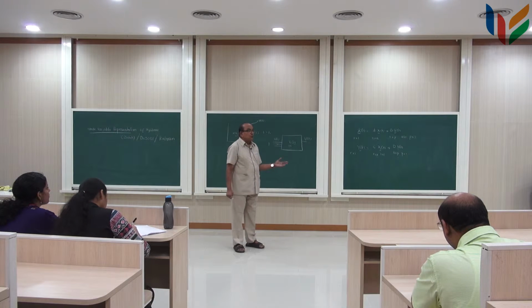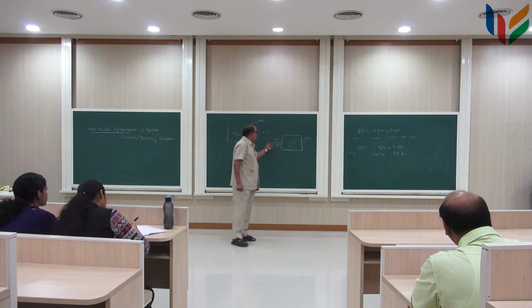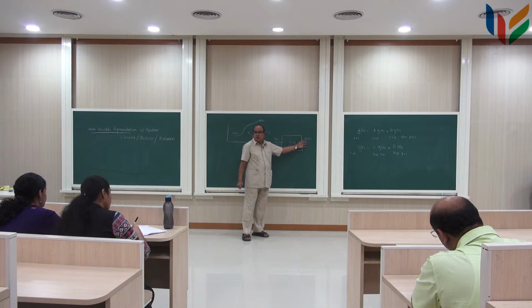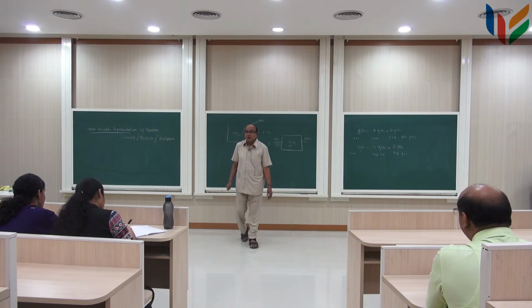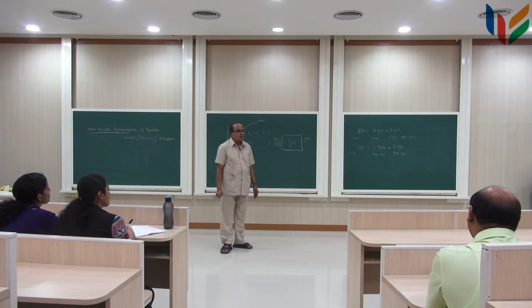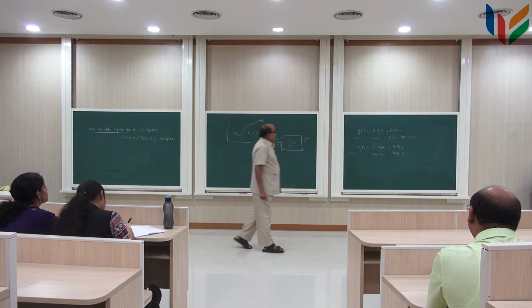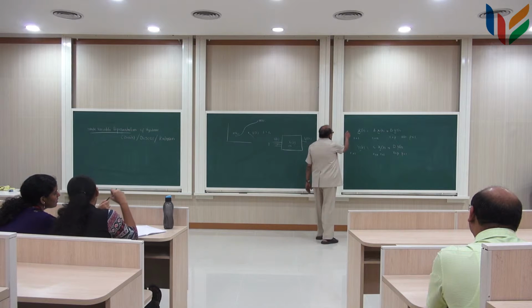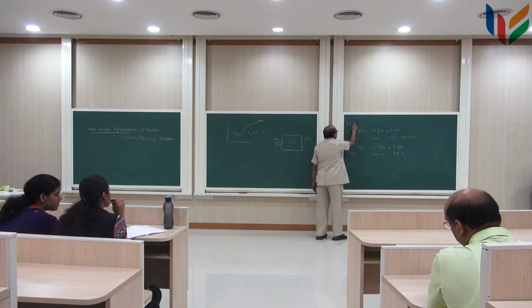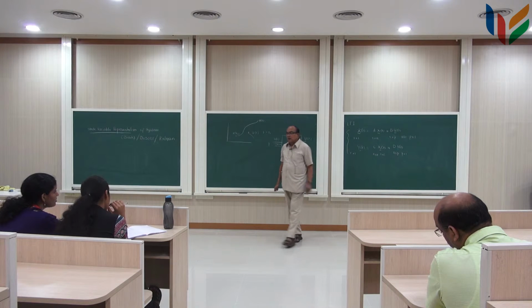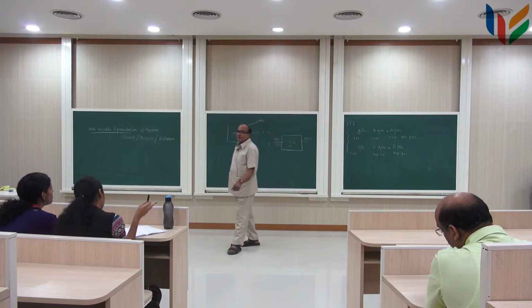If it is a single input, single output system, there is one input here and one output here, but the number of states depends upon the minimal set that the system requires. This is the description for a LTI system, linear time invariant system.